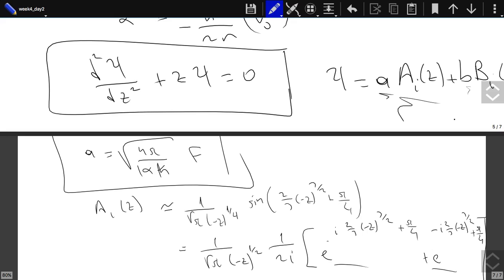So d and e will contain those pi/2 factors. We don't know what those are, but it will contain those. You can just factor out this e to the power i pi/4, and you just get a relative factor of i. And this e to the power i pi/4 is the overall phase.